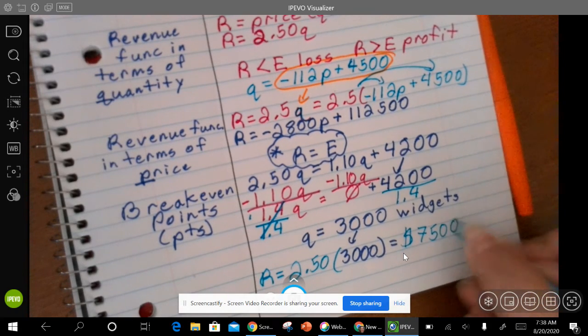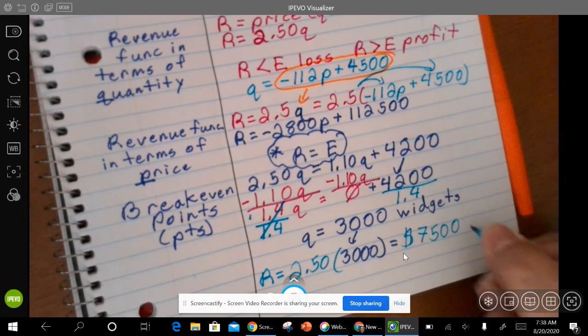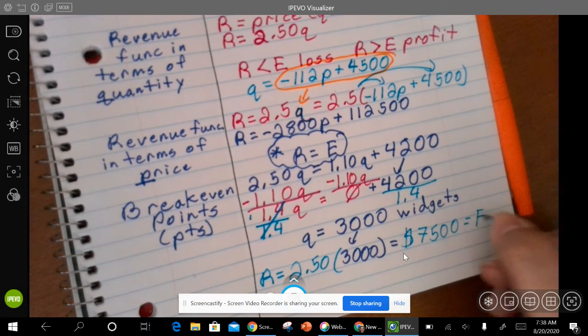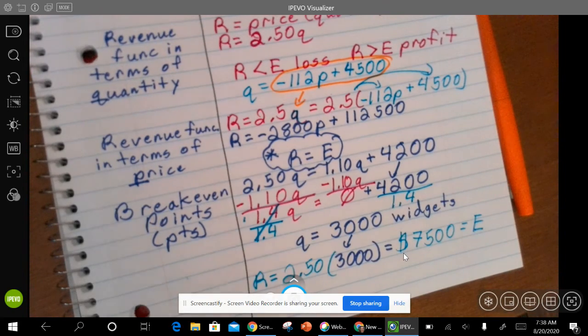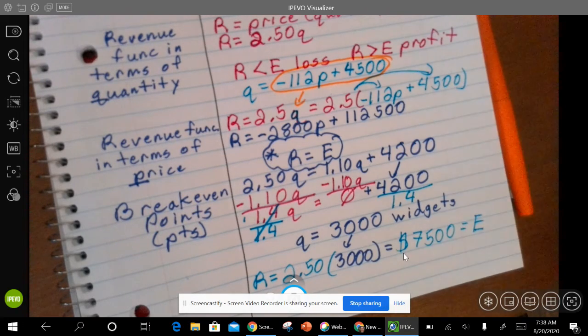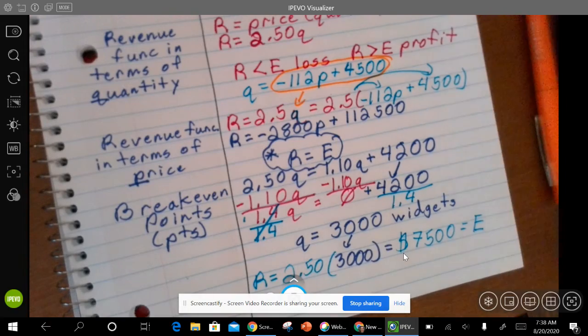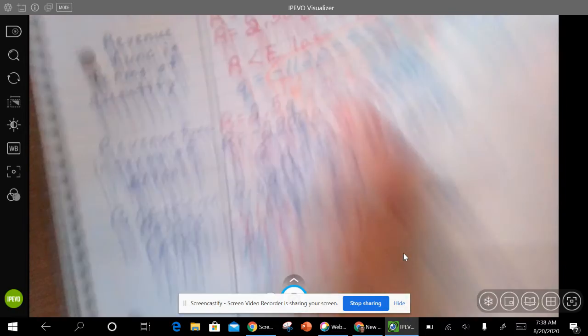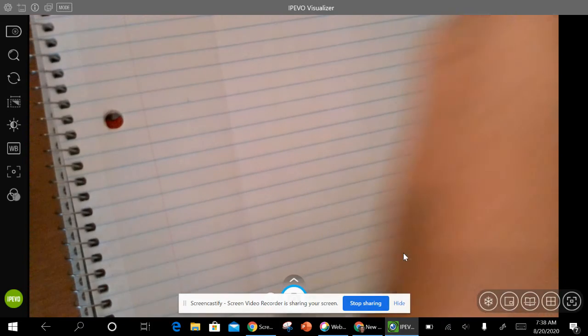We'd need to make 7,500 to reach our break-even point. And that would also be our expenses, everybody, 7,500. Okay, so that's where the revenue is equal to the expense. Okay, let's show on the graph. Show visual.